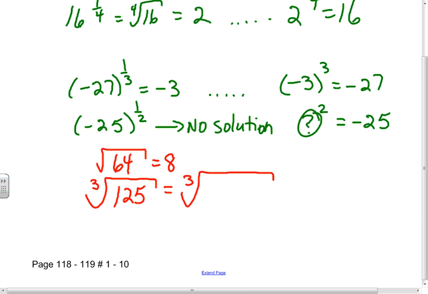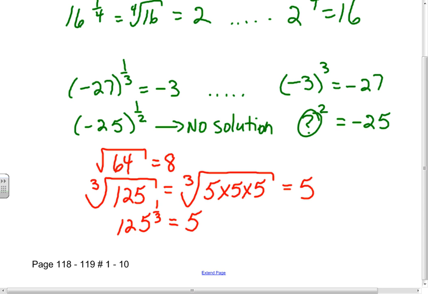So 3 identical factors. So the cube root of 125 is 5. We could write it as 125 to the 1/3, which is the easier way to put it in your calculator, because 5 times 5 times 5 is 125.